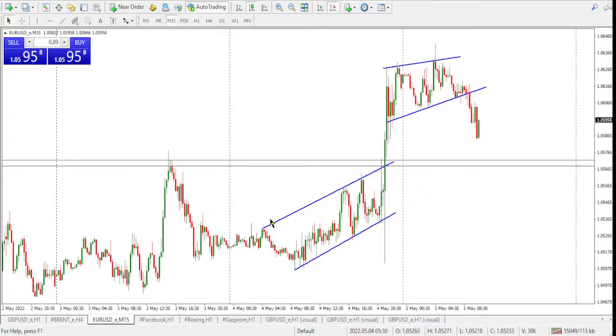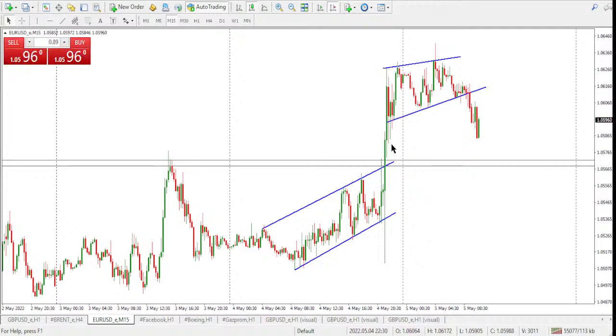You can see that the price used this anchor here as a resistance. We had another one here as a support, a support there, then a resistance here. We had a minor resistance here before the price eventually broke above it.